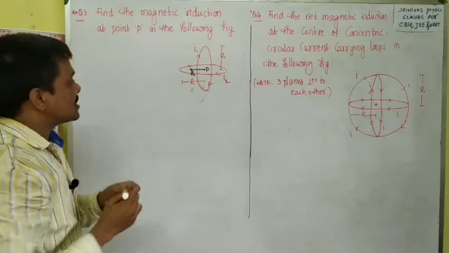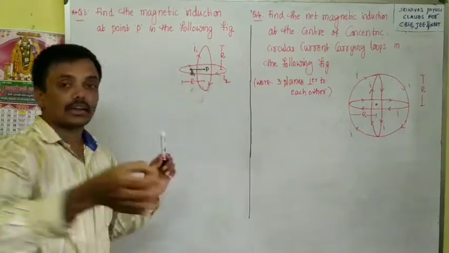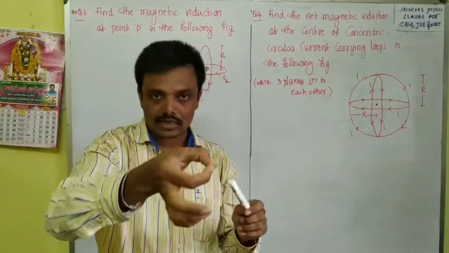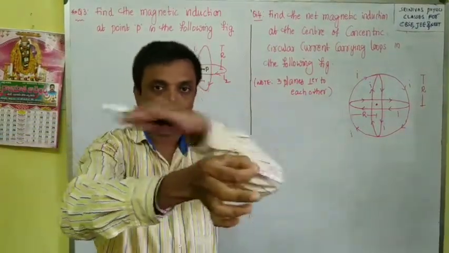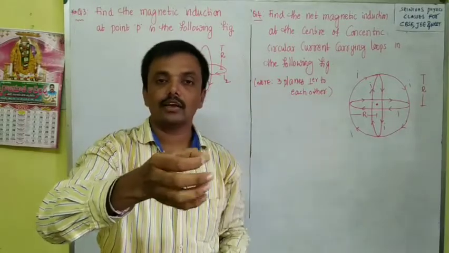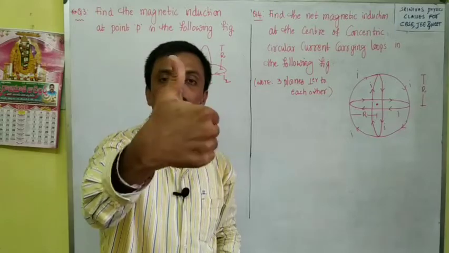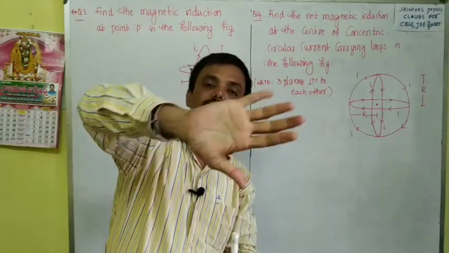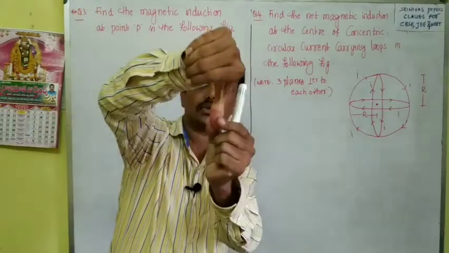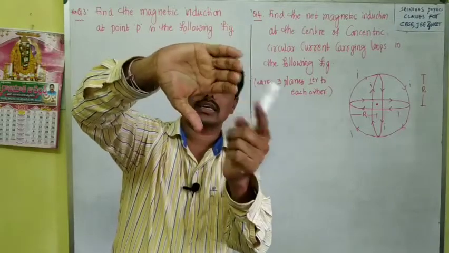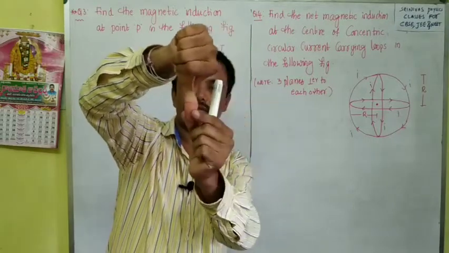And next, due to the second current carrying loop, which is horizontal, like this. For the magnetic induction, if the current is anti-clockwise the field is upward, and if the current is clockwise the field is in the downward direction. Curled fingers indicate the current and the thumb indicates the field, right?